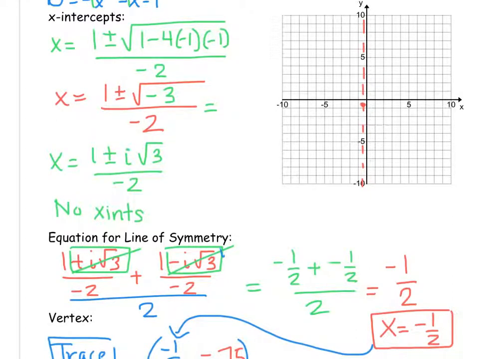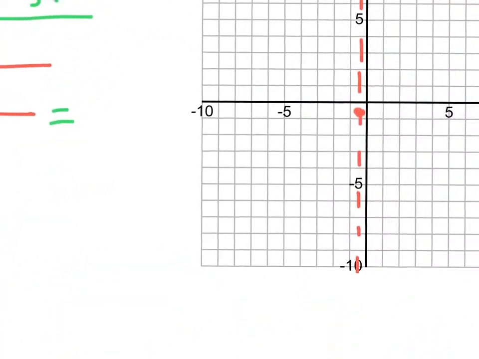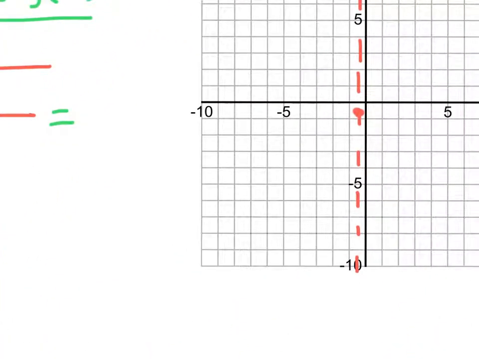Place a dot at 0, negative 1. I can enlarge that a little bit. So we're going to place a dot at 0, negative 1, which is right here. And we can get part of the parabola drawn.